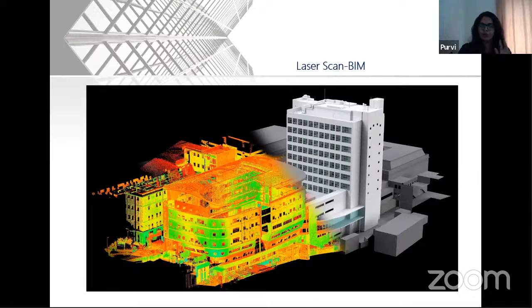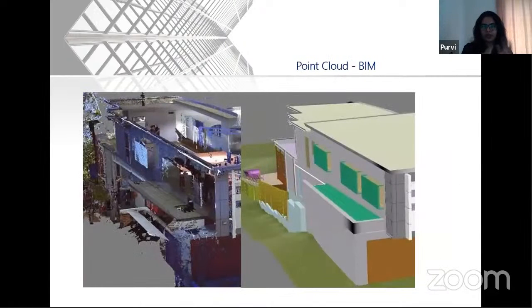In this project, this is also something similar, a point cloud, where through the drones your whole building is scanned with all the coordinates from everywhere, and the data is stored and then transferred onto Revit.